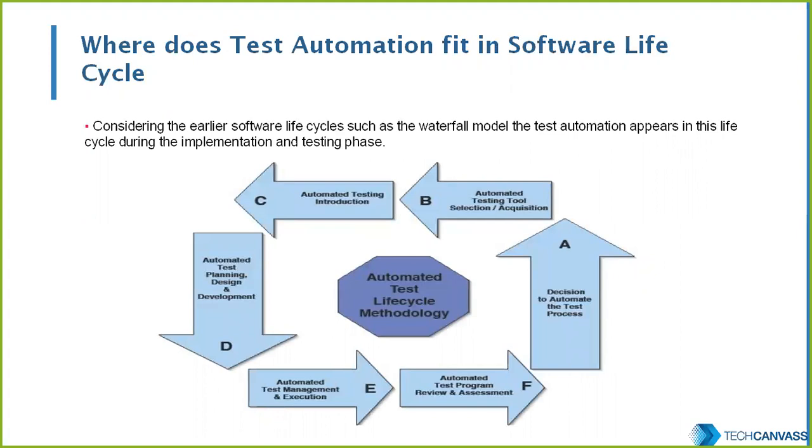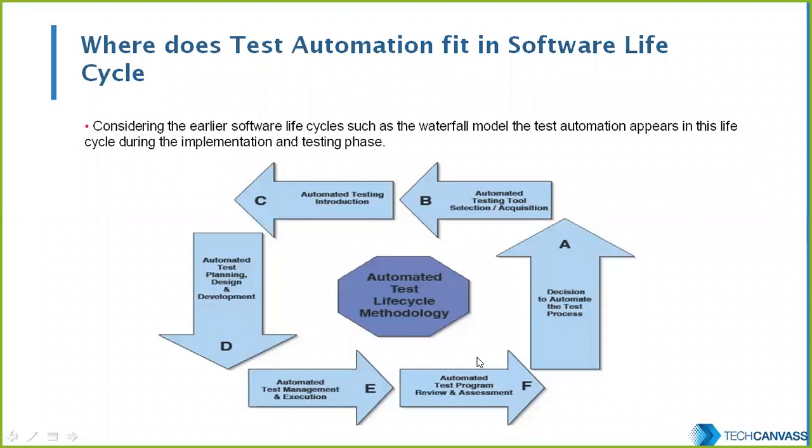How can you apply test automation in the software lifecycle? See, test automation can start right from the point of designing your test cases. You can determine the feasibility of your test automation from the design phase itself. As soon as your manual test cases are designed, you start your test automation.